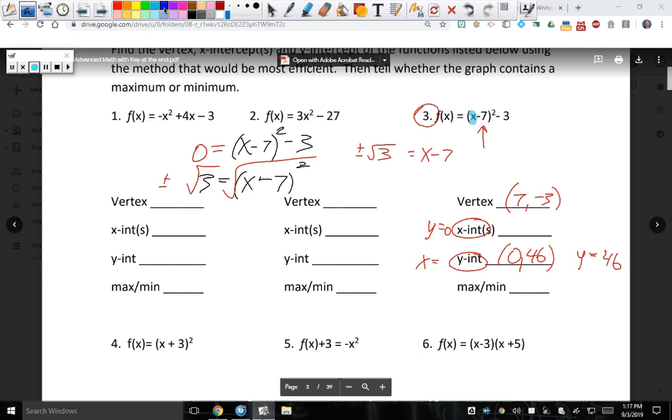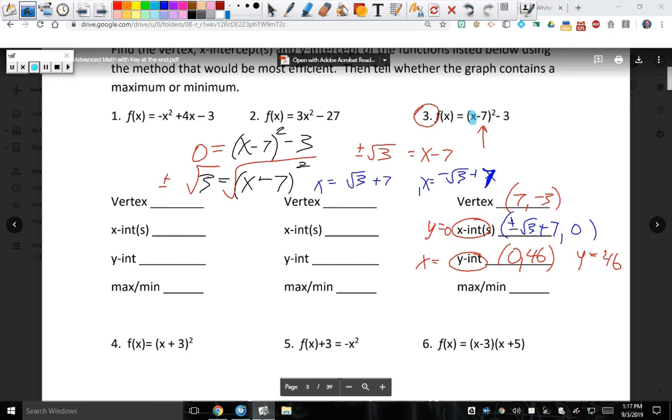So when I'm adding the 7, I have a positive root 3 plus 7, and I have a negative root 3 plus 7. Both of these are x-intercepts. Okay, and you can write them as plus or minus root 3. Whoops, this is a 7. Plus 7, and then 0.